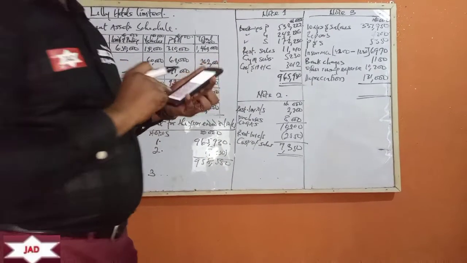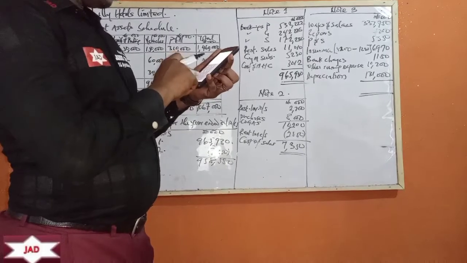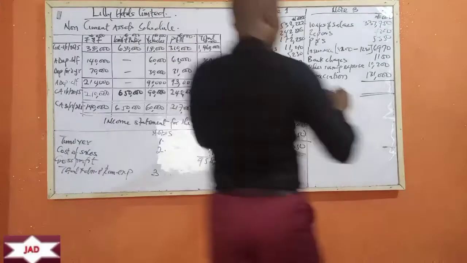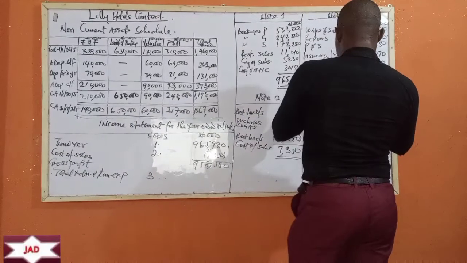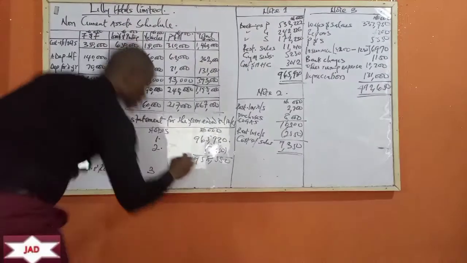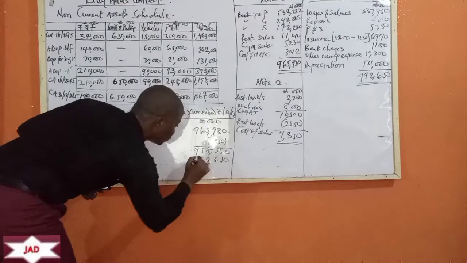Okay, that's for that. But then depreciation there, plus 131,000. So we have total expense to be 4,926.50. So we'll come here, we'll say 4,926.50.